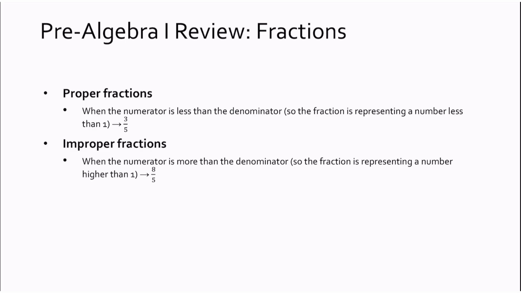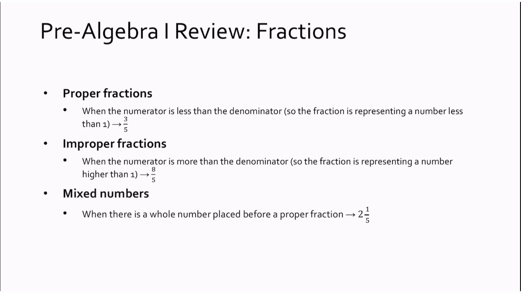An improper fraction does not mean that it is incorrect or wrong to write it this way. That's just the title for this type of fraction. And in fact, I prefer improper fractions personally over mixed numbers. So a mixed number is when there's a whole number placed before a proper fraction. For example, 2 1/5.